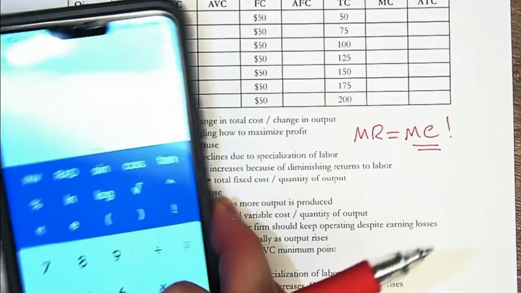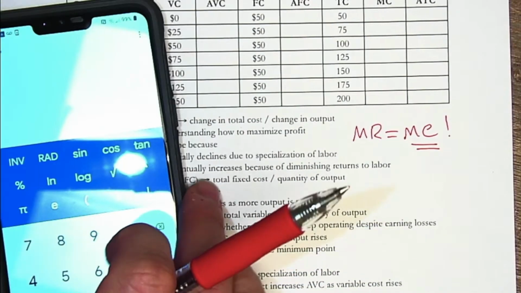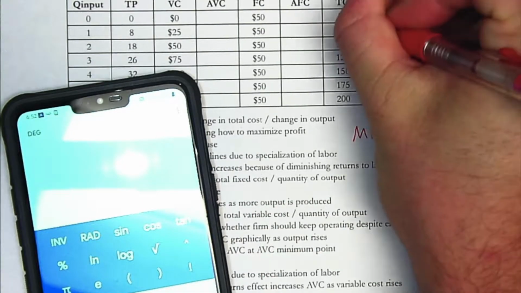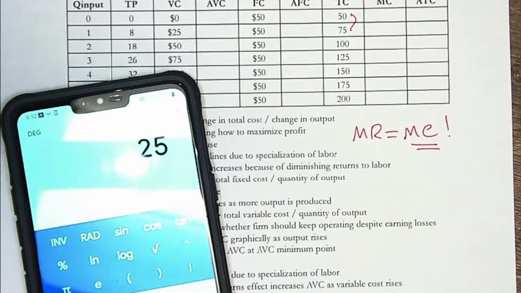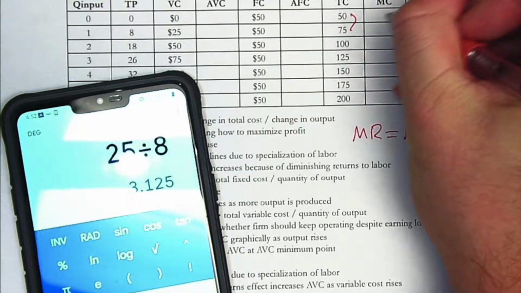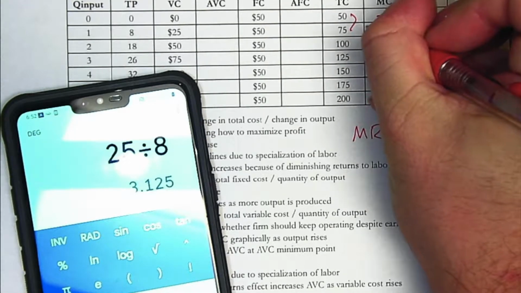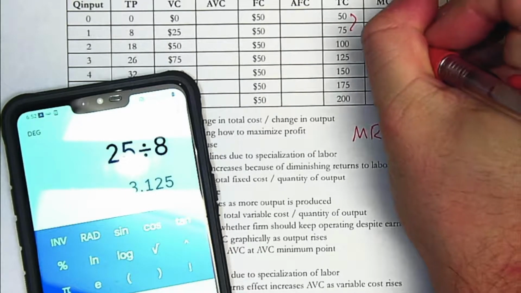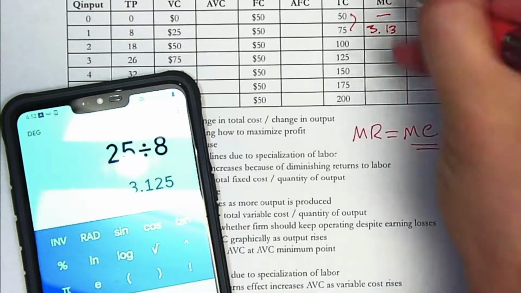So we'll take our handy pocket calculator out. We have 25 divided by 8, and you get 3.125. So we would say that the marginal cost, not of the first one, but of this one, is 3.13. We're rounding up, and that's $3.13.